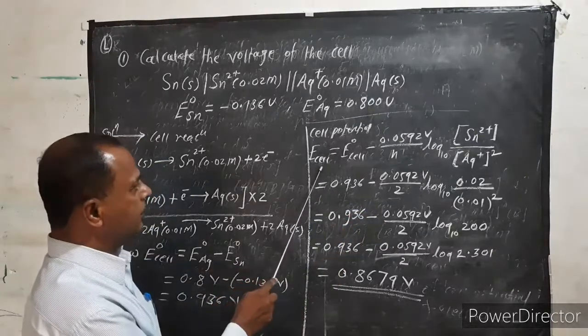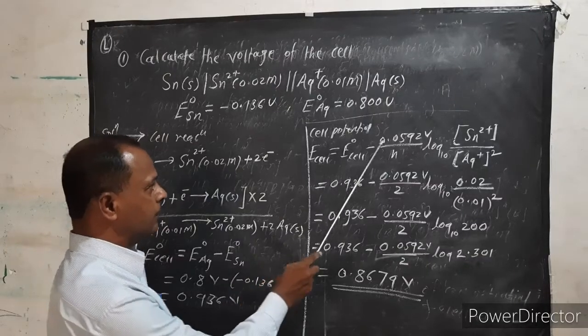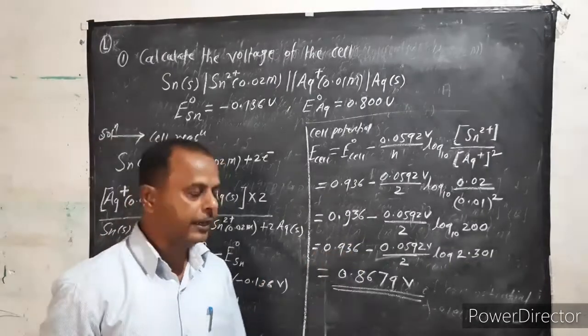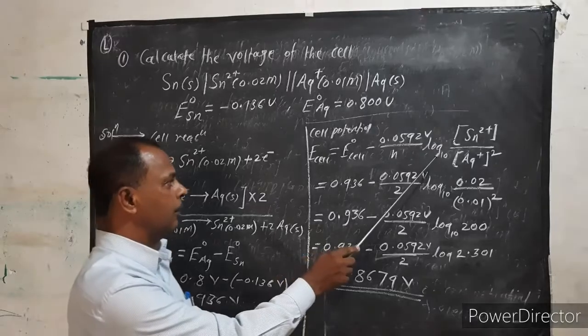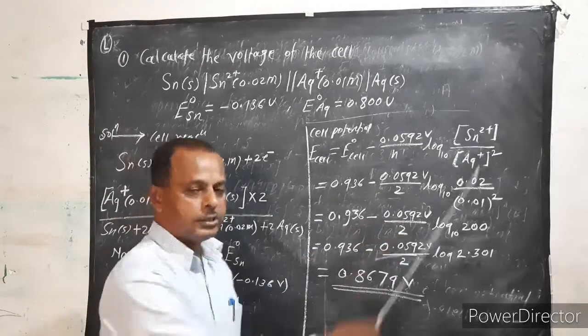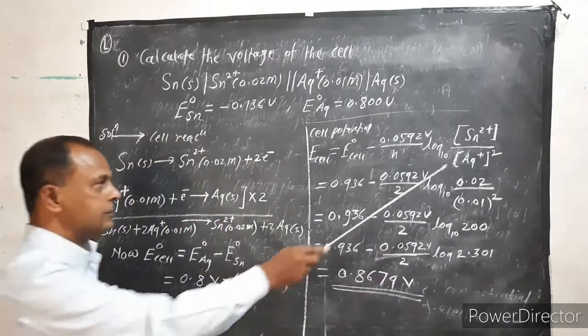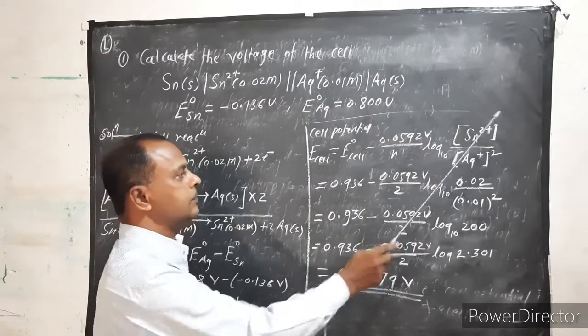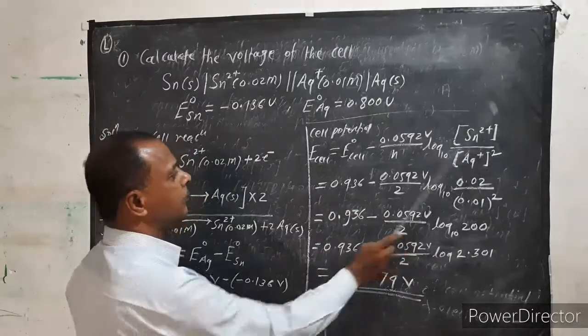Now using the formula, E cell is equal to E naught cell minus 0.0592 volt over n, log to the base 10 of the concentration of Sn2 plus over the concentration of Ag plus raised to power 2.